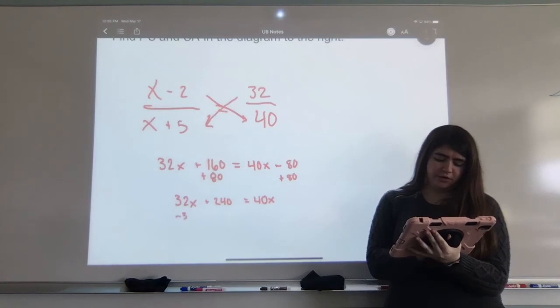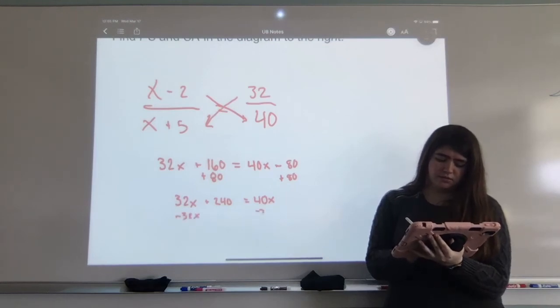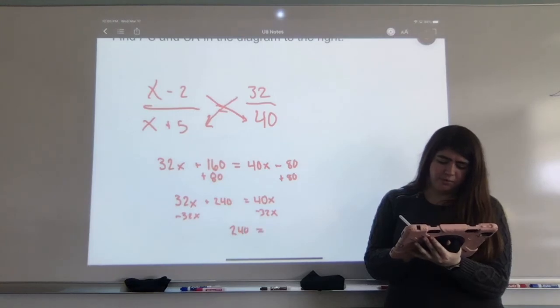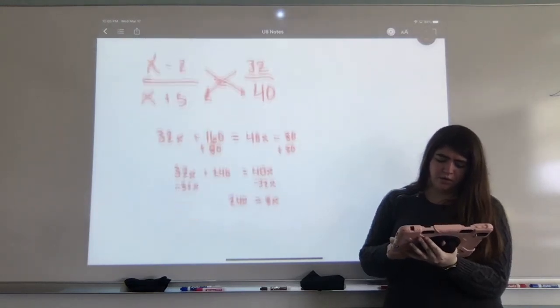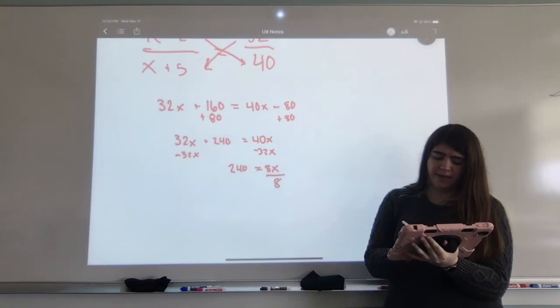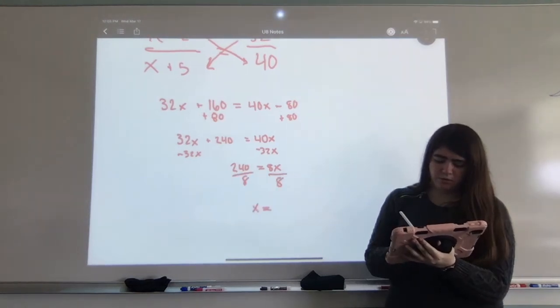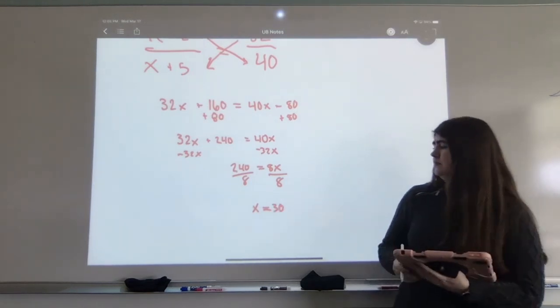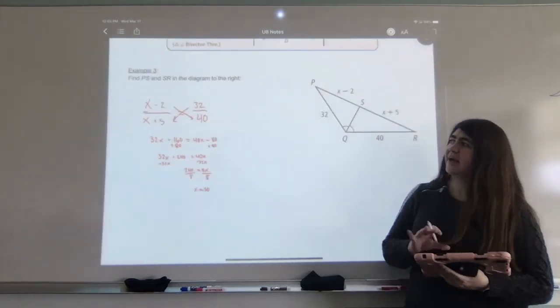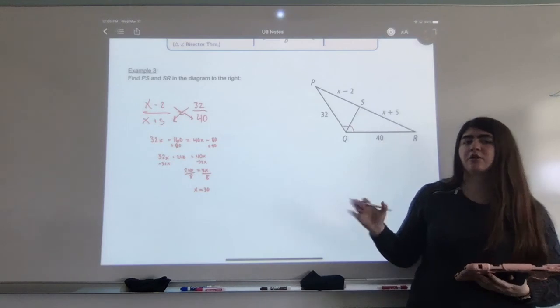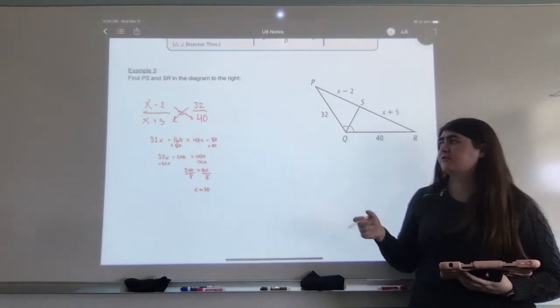So I'm going to subtract 32x out. That gives me 240 is equal to 8x. We're going to divide both sides by 8 to get x by itself, which means that x must be equal to 30.